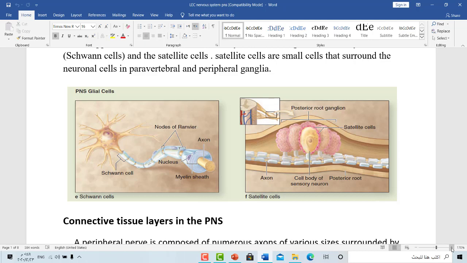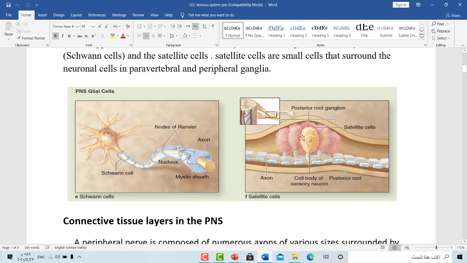Beginning with the sensory neuron: the sensory ganglion contains the sensory neurons, surrounded by connective tissue.